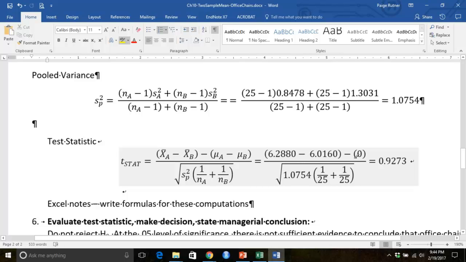I entered the hypothesized difference between my population means, and we just calculated the standard error that goes into the denominator. So now we can go ahead and actually compute the result that we see here, which is the test statistic for this data.